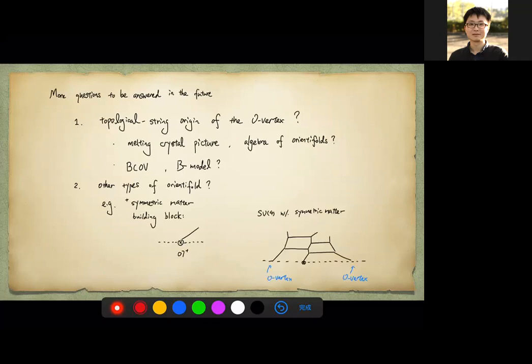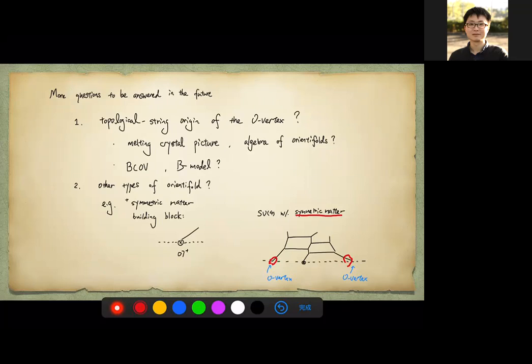And also probably we want to know the topological string origin of the all vertex in the future. It's related to maybe the computation of symmetric partition function of symmetrical matter, because it also involves the all vertex, but we probably need to introduce more novel types of topological vertices in the future.